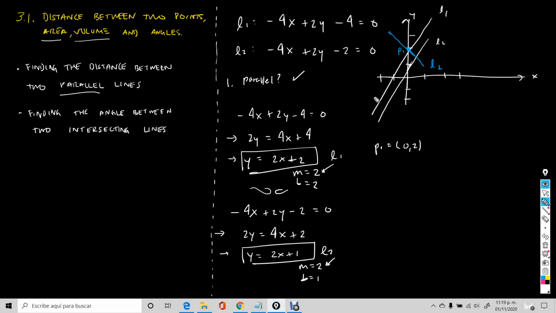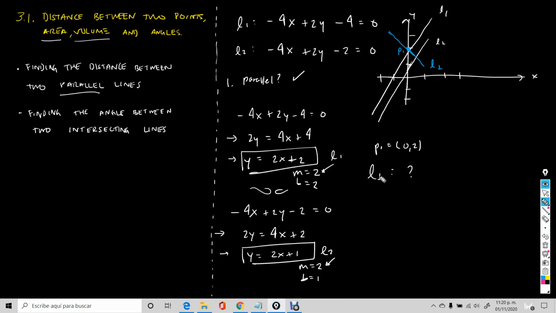It doesn't matter what point you choose. So you have this point 1, and the next thing I want to find is the equation of L perpendicular. How do we find this equation? What's it going to look like?